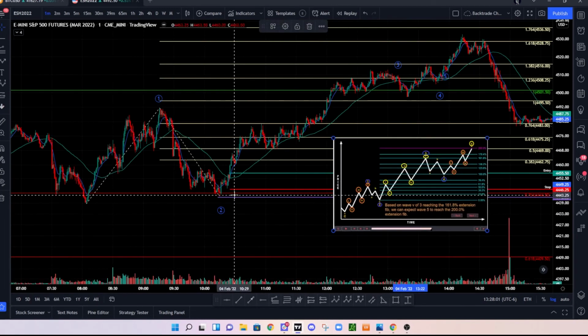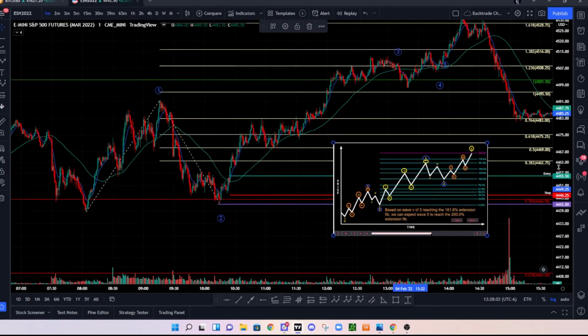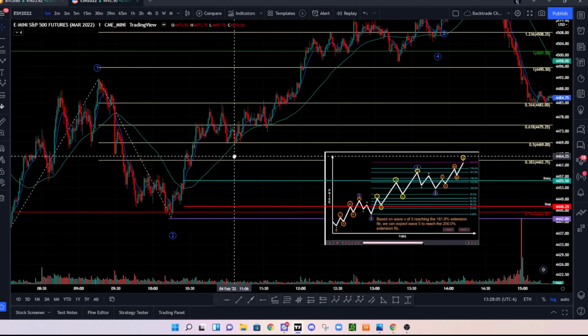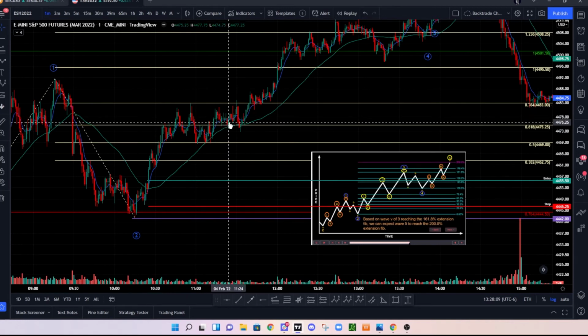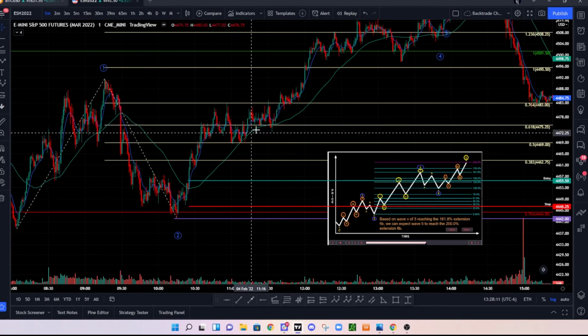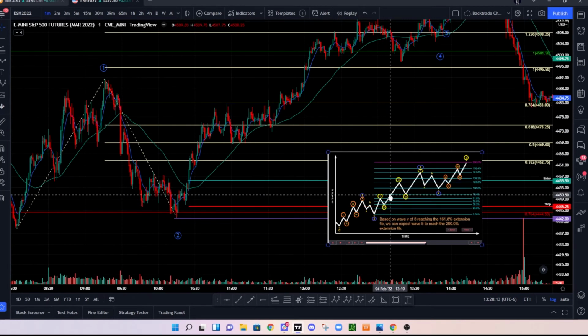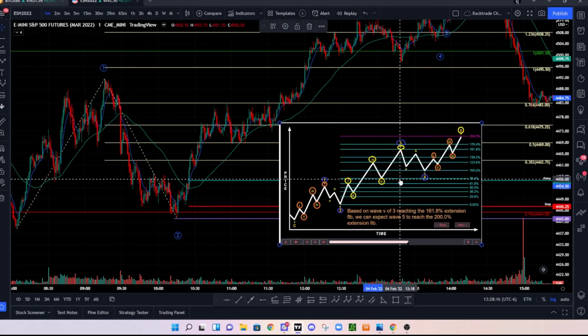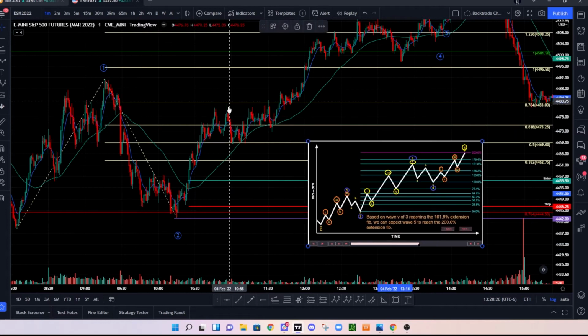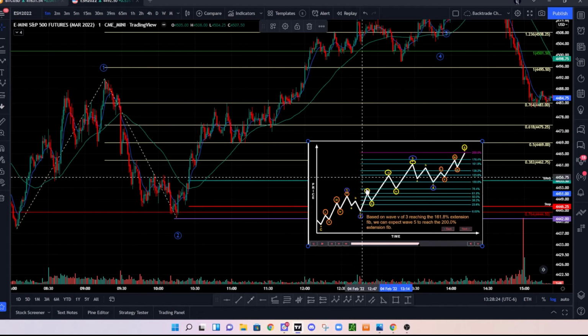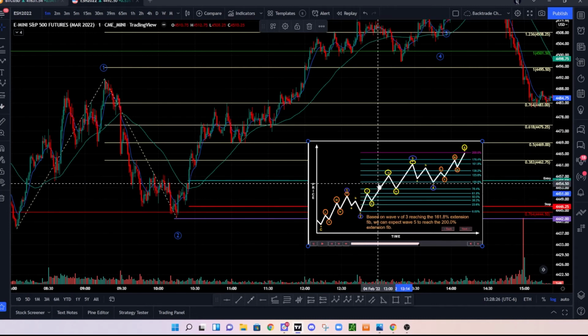If you miss this entry, like I did, what I ended up doing was watching us consolidate right here under the 764. If you remember, I said that until we break out of the 764 level, everything's kind of a choppy zone in here. So my plan was to, once we break out, take an entry when we start that wave 3 of 3 push, if you will.